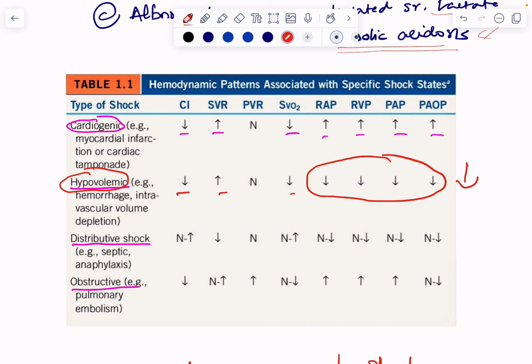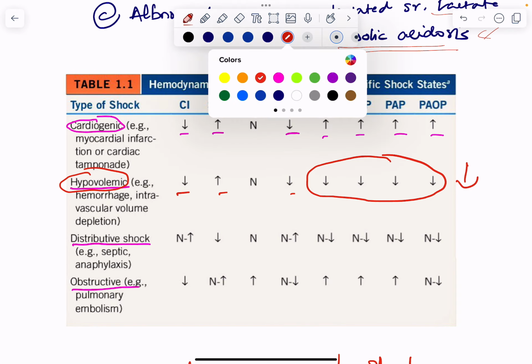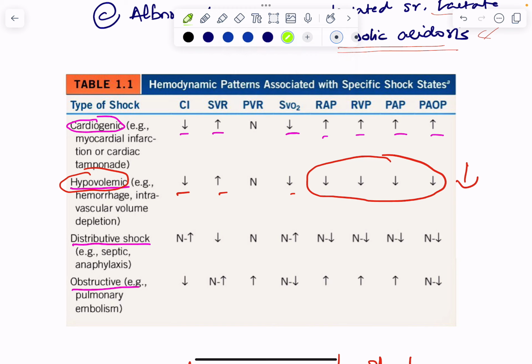Now what is distributive shock? Like septic shock, there is vasodilation, and anaphylaxis is there. It has no direct effect on the heart; it will affect the heart only at the end stages. But in distributive shock, because of vasodilation, systemic vascular resistance will drop.